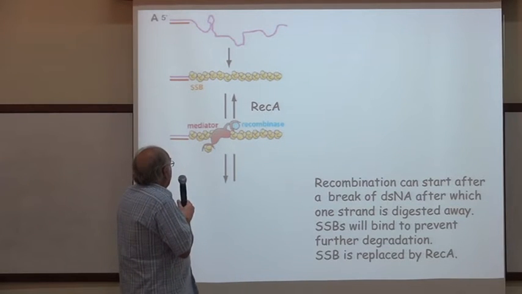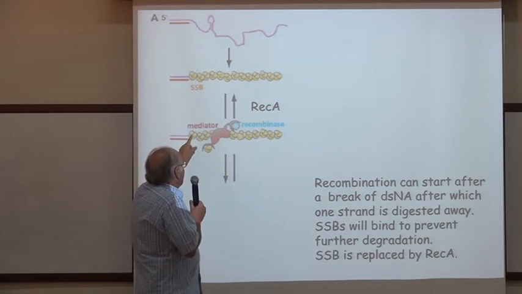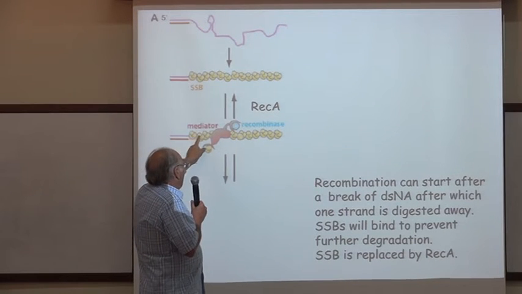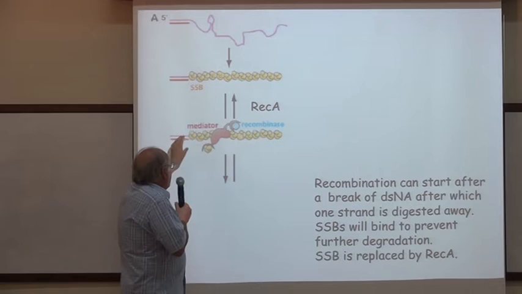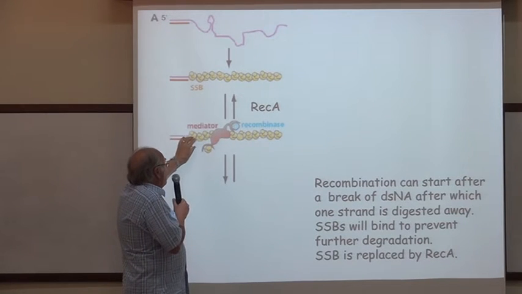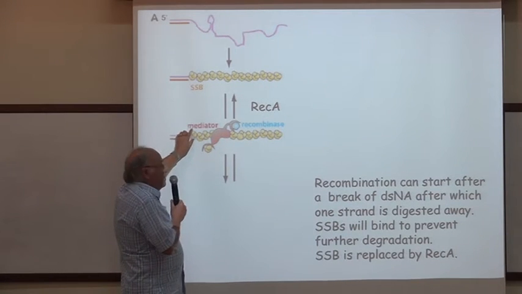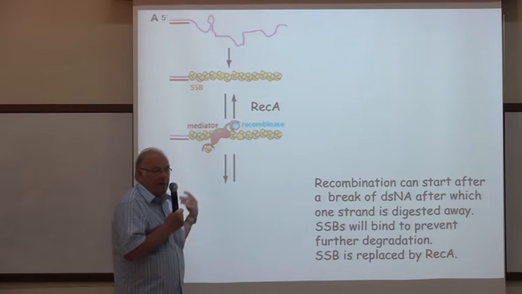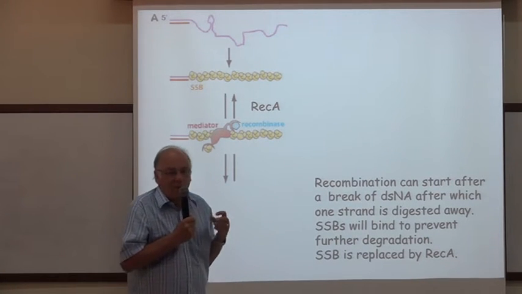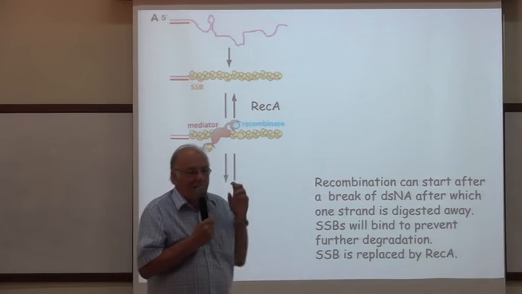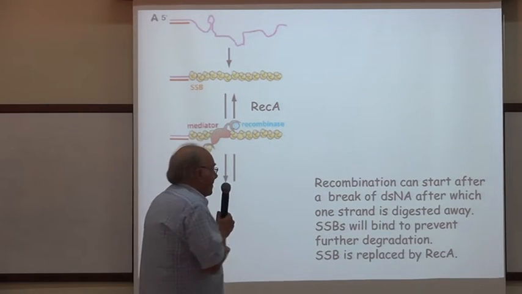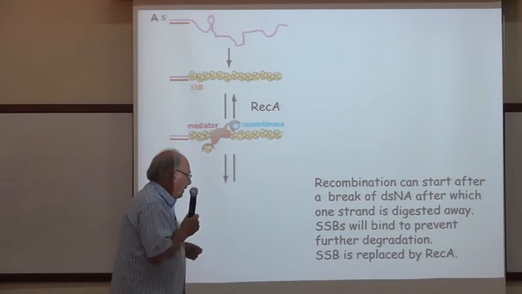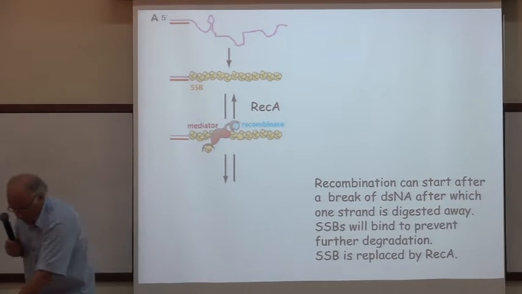And now, in the next step, RecA is replacing the single-stranded binding proteins on the single-stranded DNA here. And this is catalyzed by something called the mediator, this protein that removes the single-stranded binding proteins and sticks in the RecA here. Okay, so far so good.